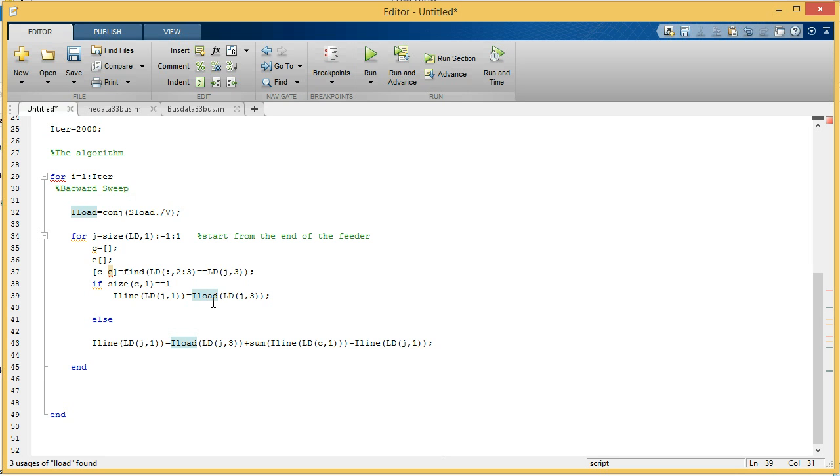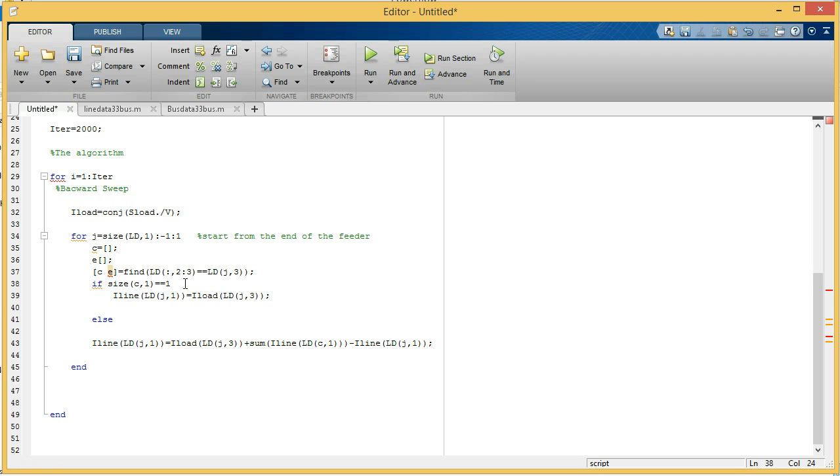Okay, so as I mentioned in our tutorial, in the last bus, there is no further line connected to that bus, so the current passing through the last line is equal to the current passing through the last load.